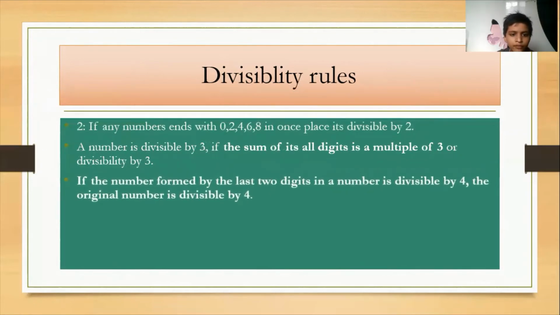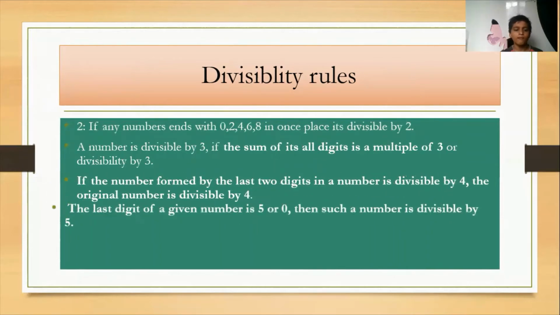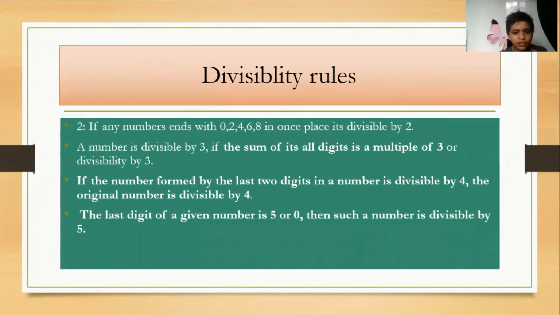If the number formed by the last two digits is divisible by 4, the original number is divisible by 4. If the last digit of a given number is 5 or 0, then the number is divisible by 5.